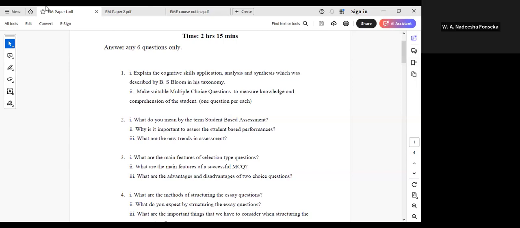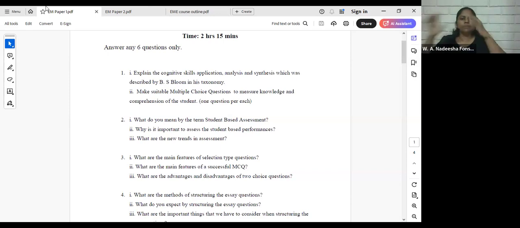So then second one, make suitable multiple choice questions, MCQs, to measure knowledge and comprehension of the student. One question per each, very easy. You have to make your own two MCQs, one for measuring knowledge and the other one for comprehension.